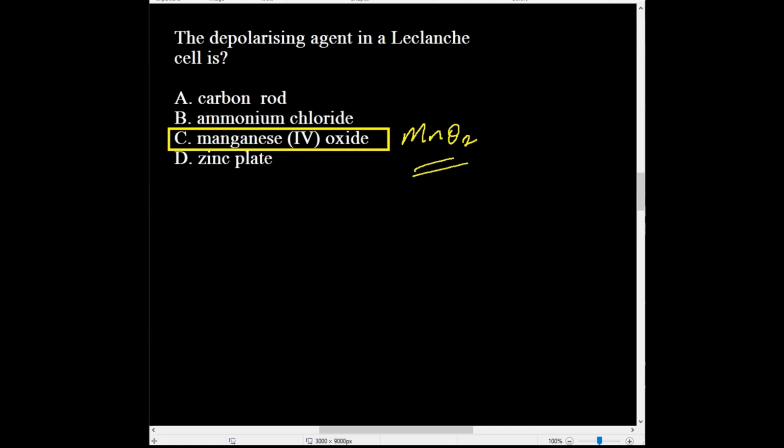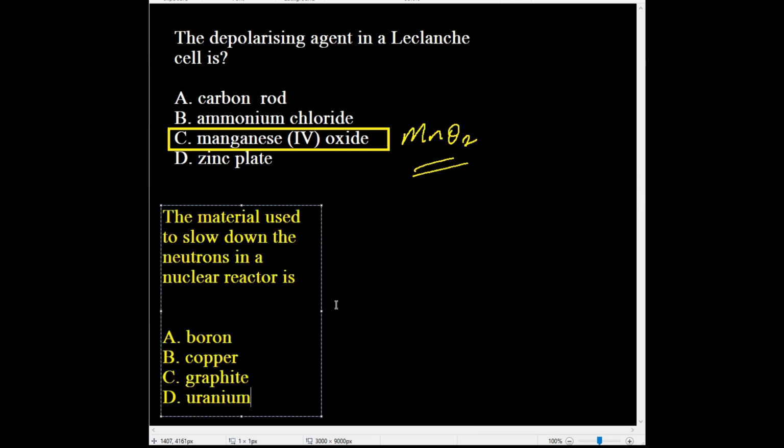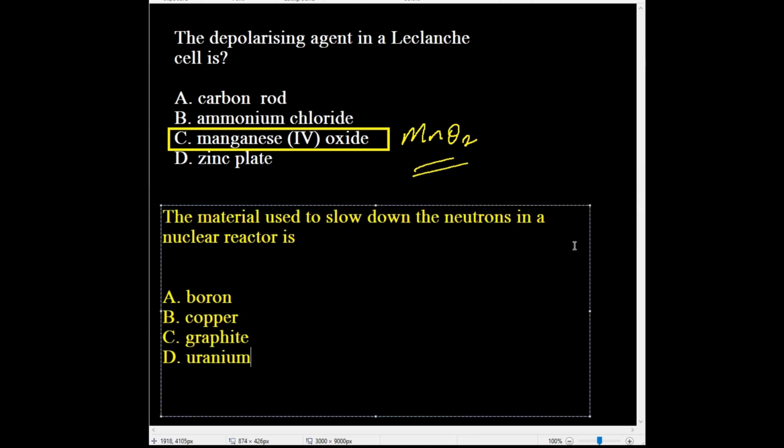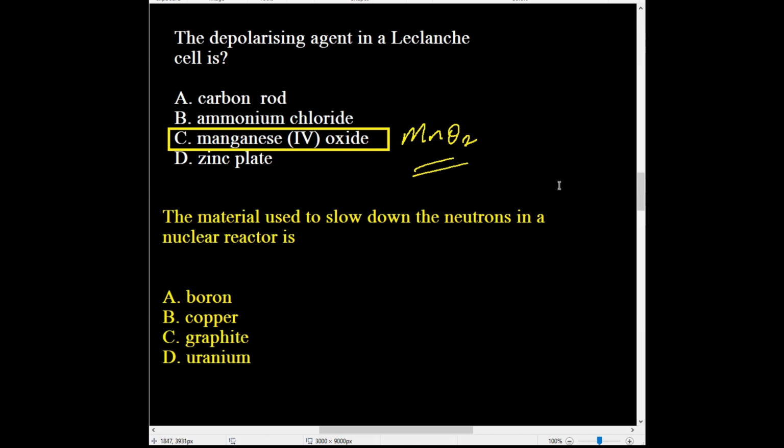Okay, the next one is for Moses. The material used to slow down the neutrons in a nuclear reactor is dash.